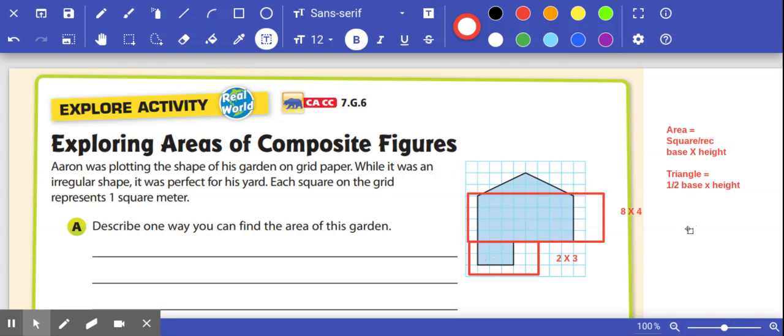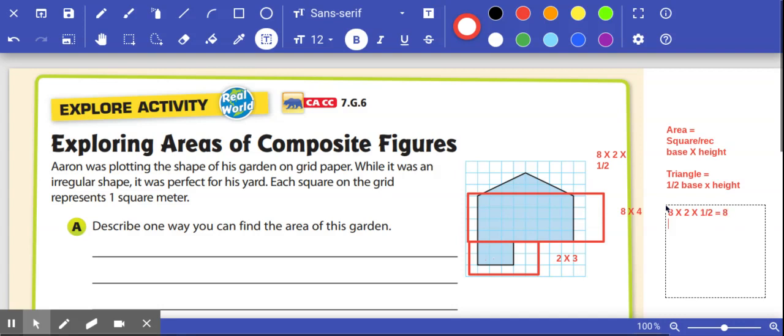So let's add this up. So then we have 8 times 2 times 1/2. That's equal to 8. We have 8 times 4. That's going to be equal to 32.